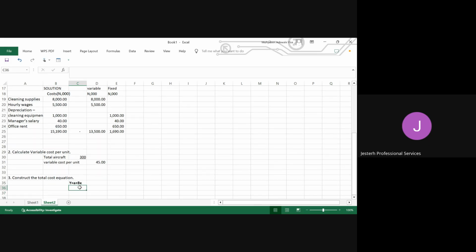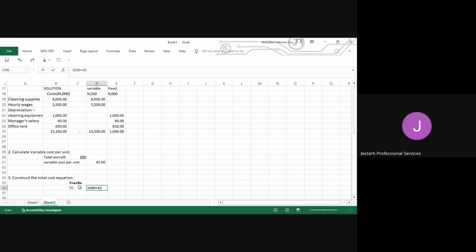The total cost is equal to our A, which is 1,690, our fixed cost, plus 45 naira.